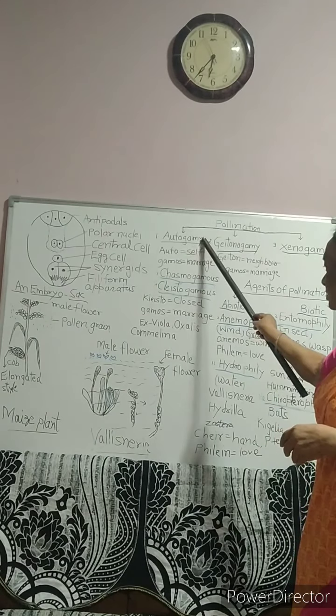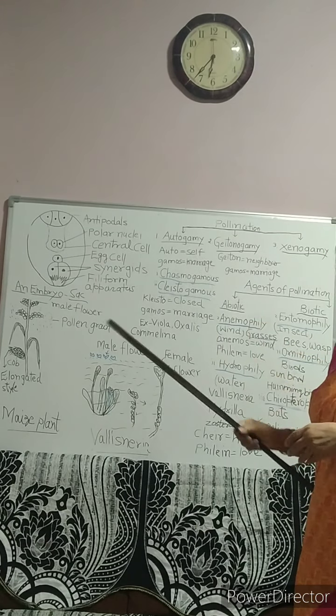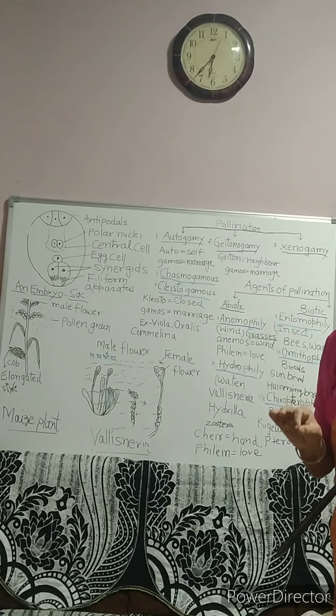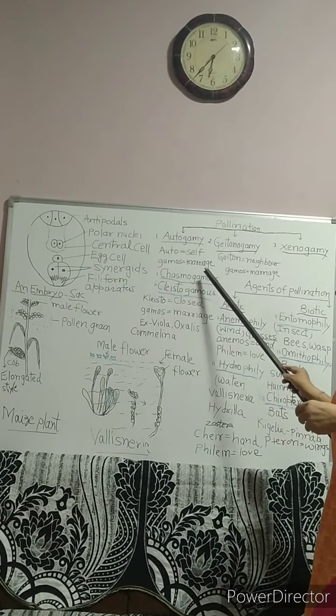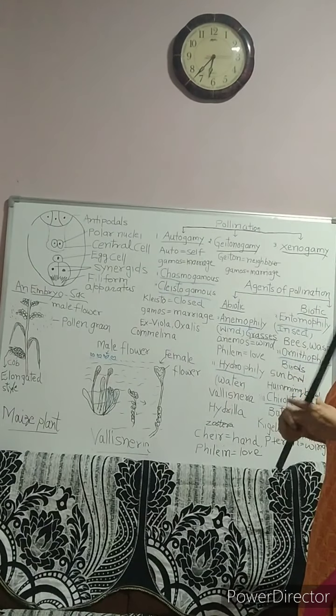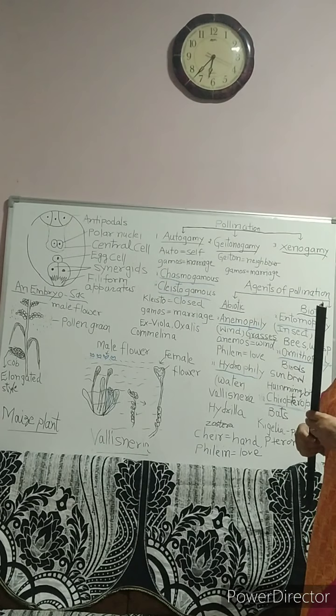So, what is autogamy? Pollination within the same flower. Chasmogamous, aerial flower. Cleistogamous, underground flower, which remains in the bud condition.